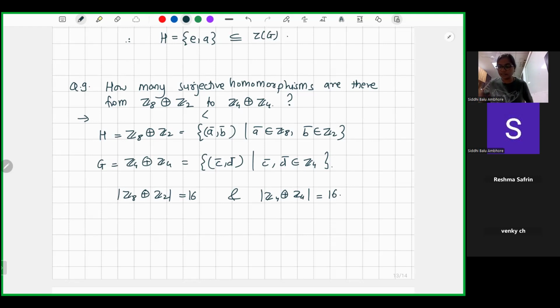Can you give me one element which does not have any pre-image under any homomorphism? There are two surjective homomorphisms. What are those surjective homomorphisms? How is that possible? What is the pre-image of this?